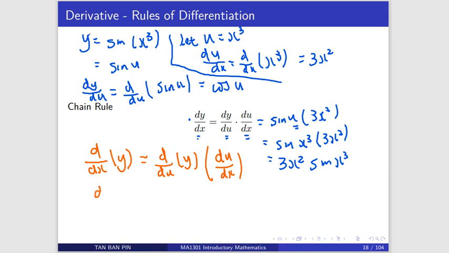And then you can take it as, you replace y by a box, so d/dx of box equals d/du of box, then du/dx. Later, when you do parametric differentiation, you'll find this is useful.